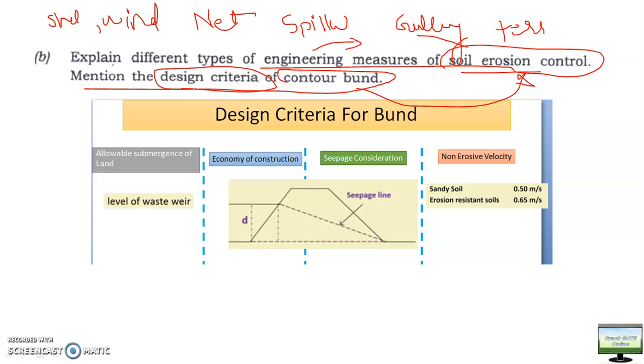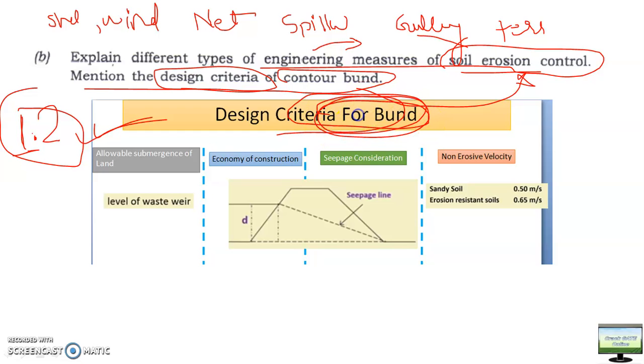Okay, it is not asking how you will calculate, it is asking what criteria you will use. So this I think I have discussed in lecture 1.2 of this bund series. So here I have given the design criteria for bund. It is same for the contour bund or for graded one.